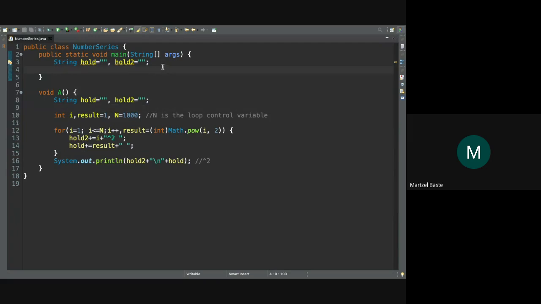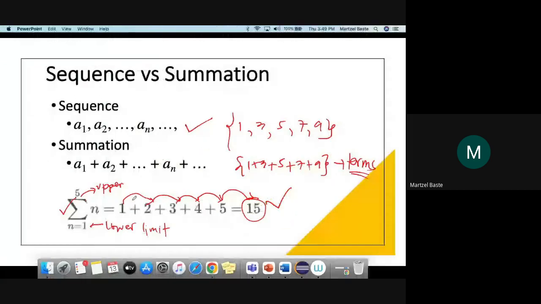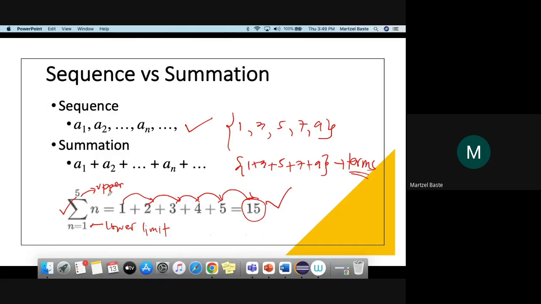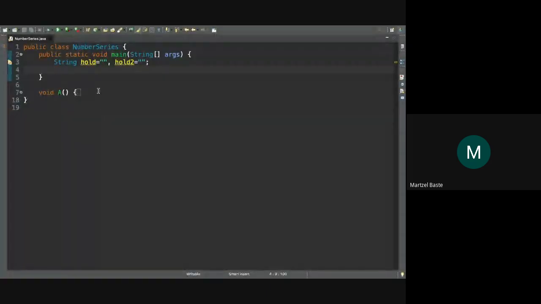So if we implement that in a program, given this summation, you create a program that will do that.